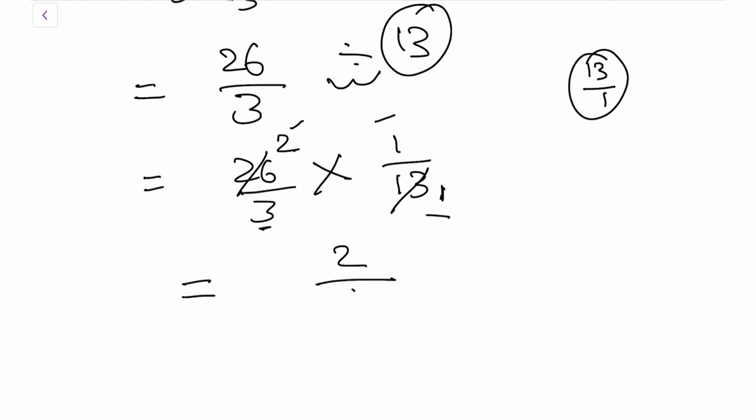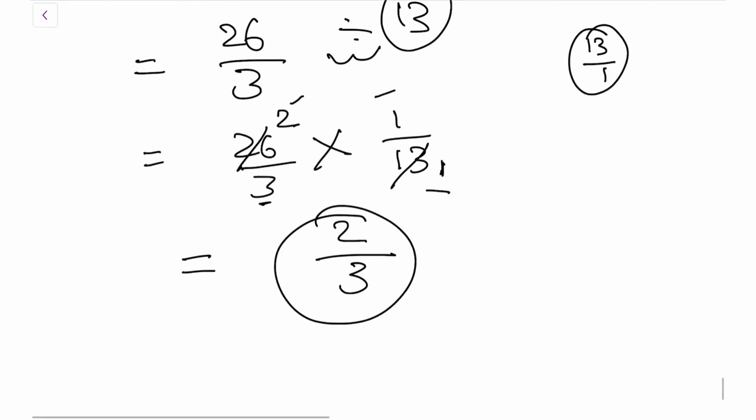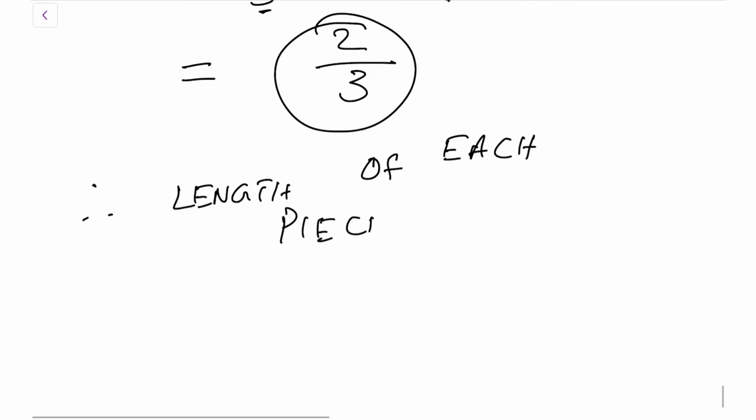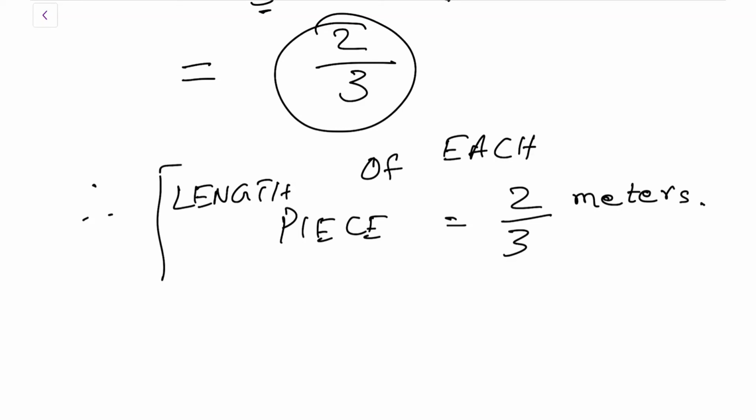Denominators 3 into 1 is 3. 2 by 3 is your answer. That means length of each piece is 2 by 3. Always remember to write the units, meters. That's it. That's your answer.